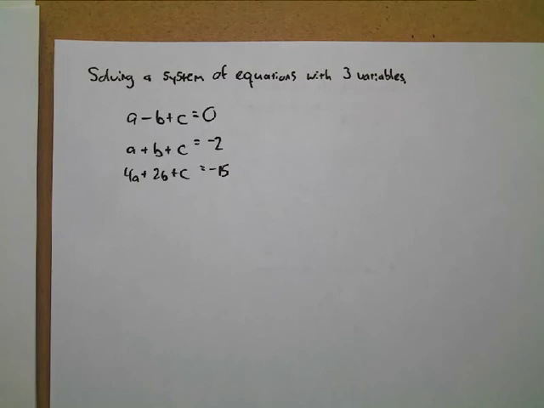Okay, I'm going to show you how to solve this using your graphing calculator. It does take some steps here, so I'll write it out. So we're going to do this using matrices.